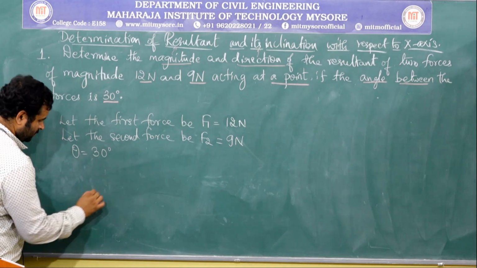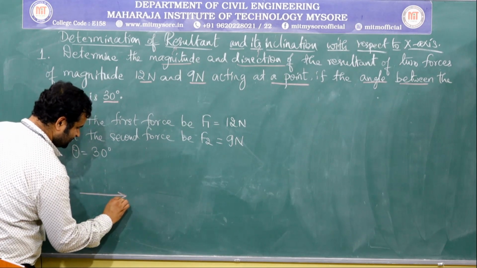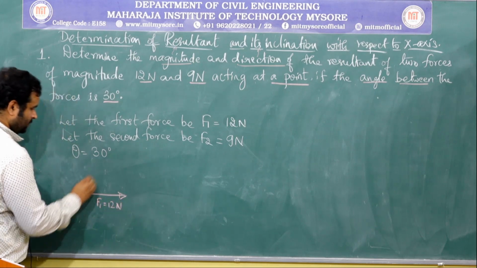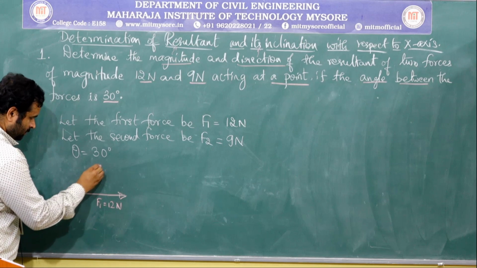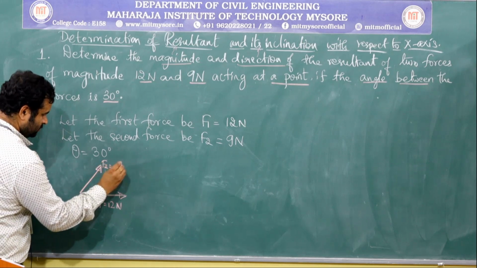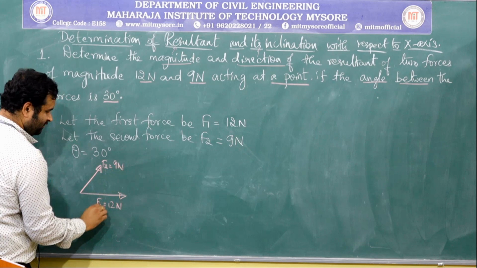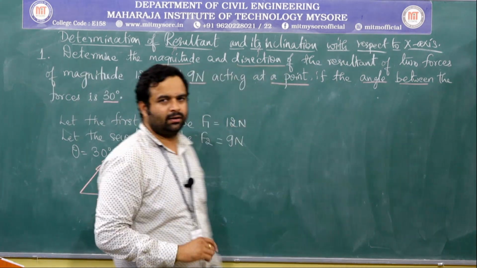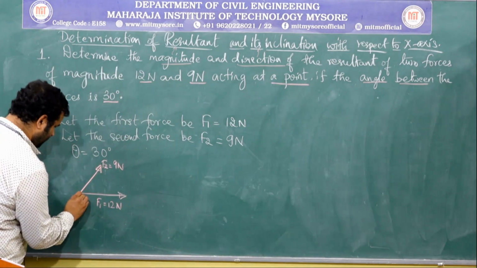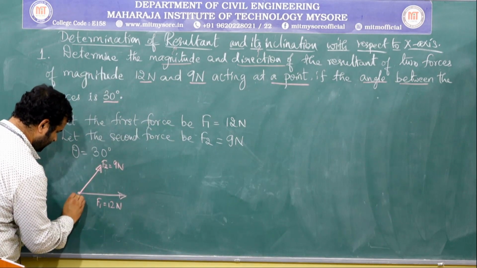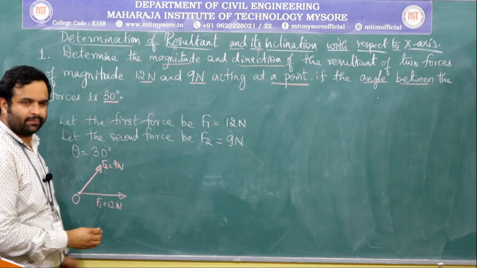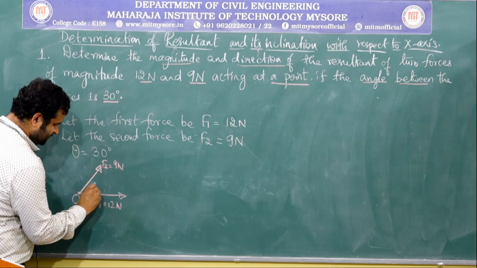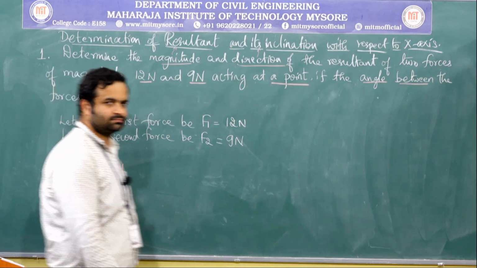So, there are two forces, F1 equals to 12 Newton and F2 equals to 9 Newton, acting at a point. So, let me take this point as point O. The angle between the two forces is given as 30 degrees.